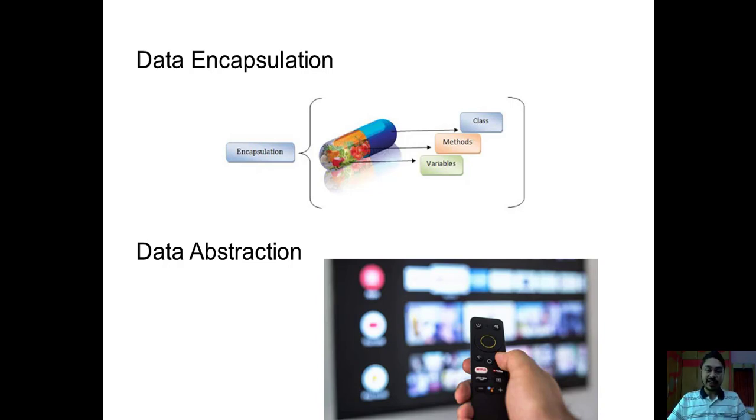Before we see what data abstraction is, we'll try to understand the concept of abstraction. Abstraction is nothing but hiding the details, hiding the unessential details from the user. Now let's have an example of a television. You might have used the television remote to turn on the TV, isn't it? You grab the remote in your hand, you press the power on button, and the TV turns on.